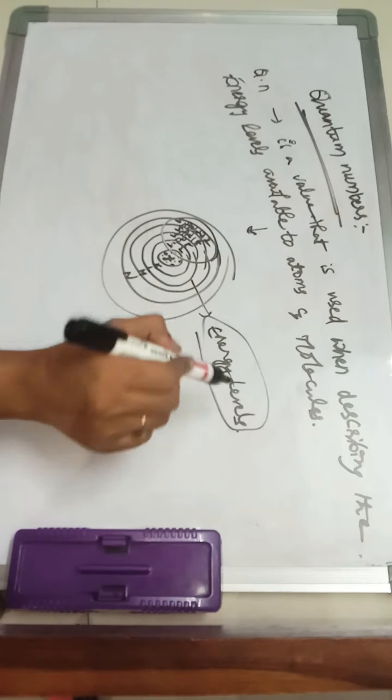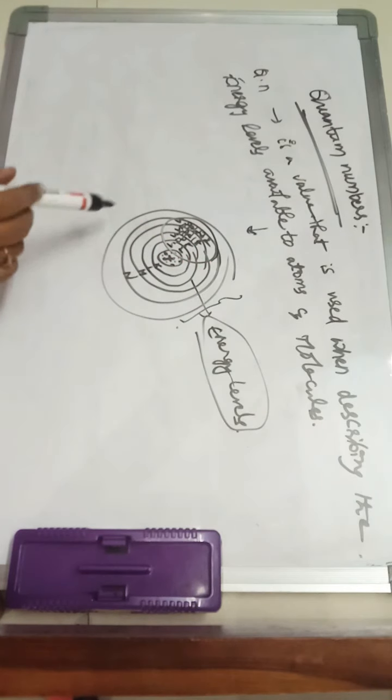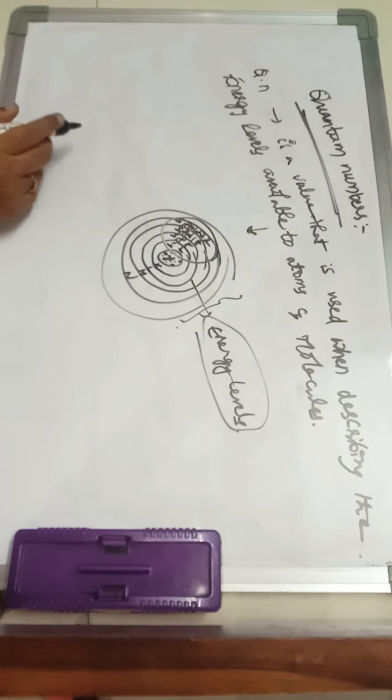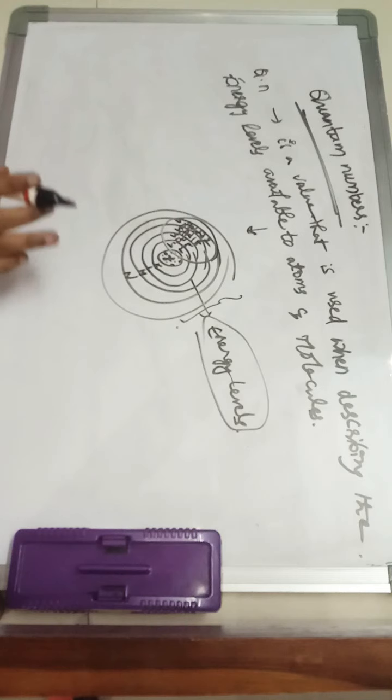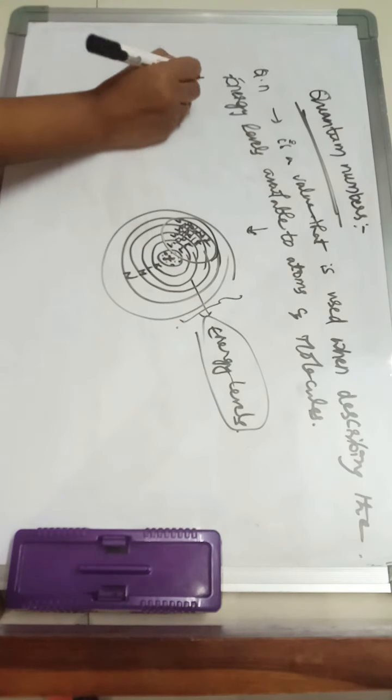For this detailed description, we have to study the quantum numbers. These quantum numbers are of 4 types.